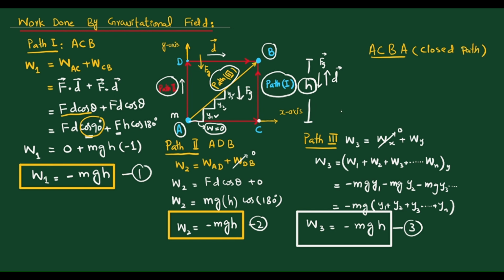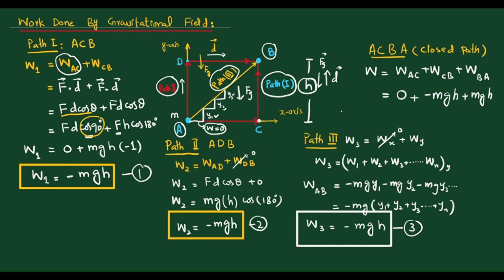The work done W will be equal to the work done from A to C, plus the work done from C to B, plus the work done from B to A. The work done from A to C, as in our path 1, is equal to 0, because the displacement is along the x-axis, plus the work done from C to B, which is equal to minus mgh, plus the work done from B to A. We calculated W3 in equation 3, which is minus mgh, the work done from A to B. If we calculate B to A, it will be positive mgh.